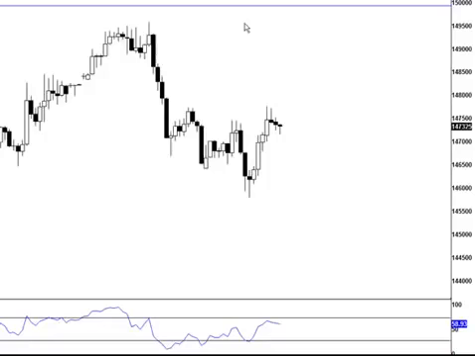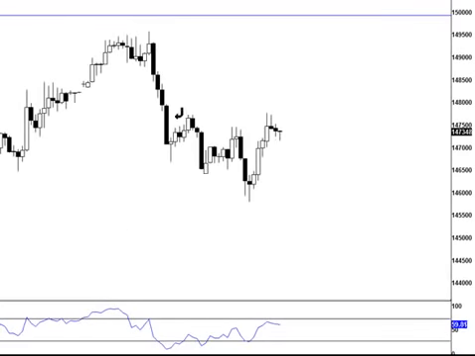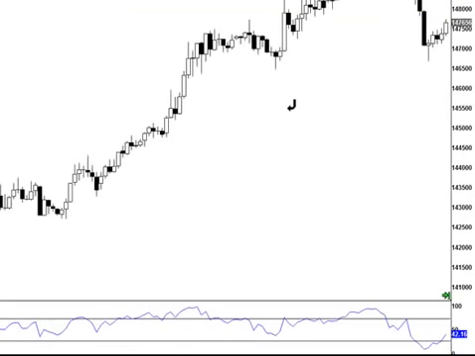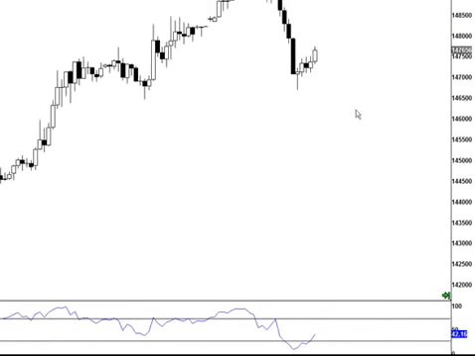But what I wanted to do is take you out and just show you this one trade. What I'll do is go back into my Bartik replay mode, and we'll take a look at it as it happens. We'll go back to right here, and we're going to walk this forward.